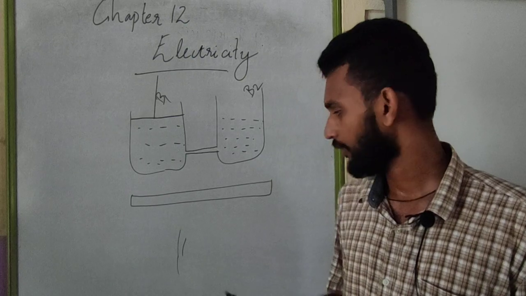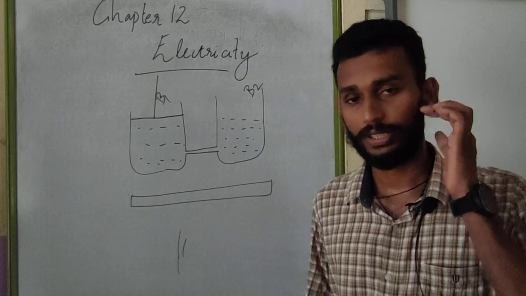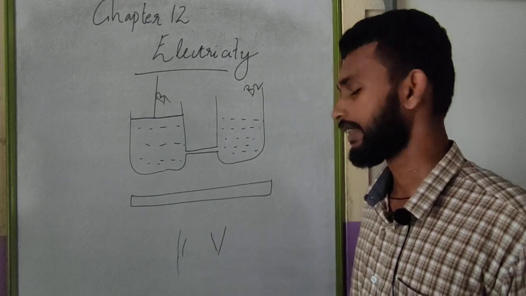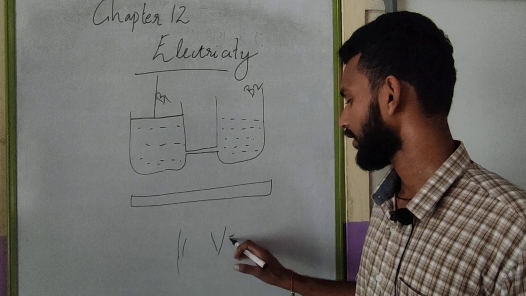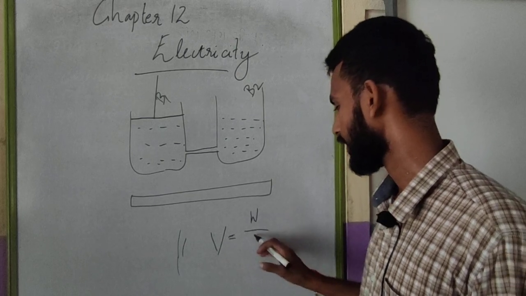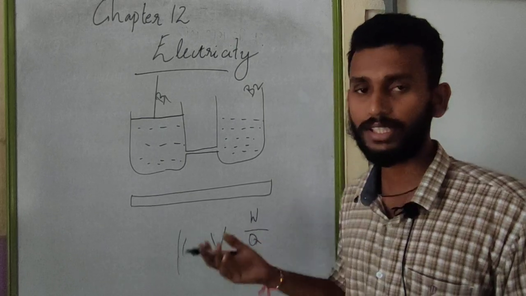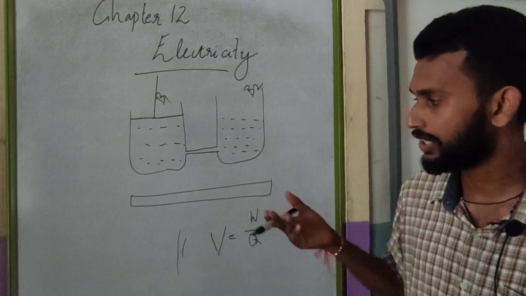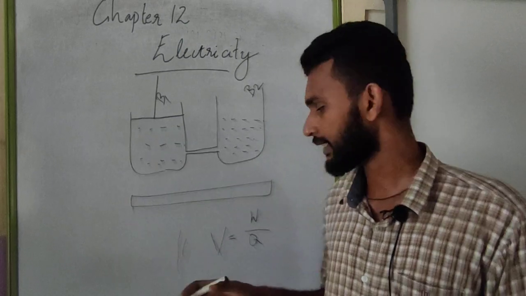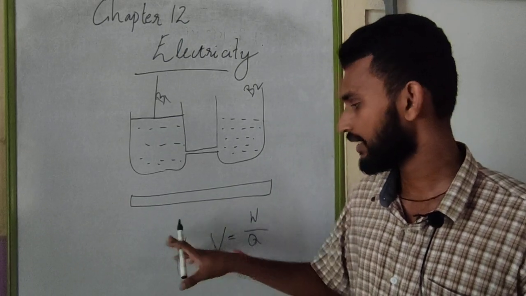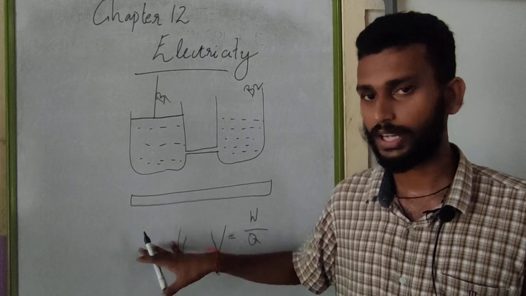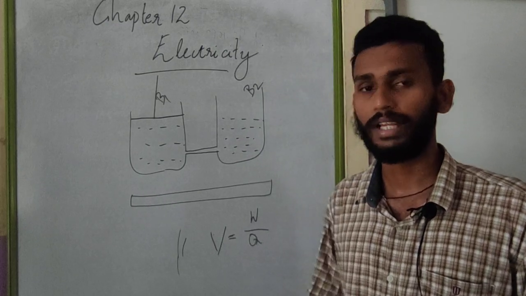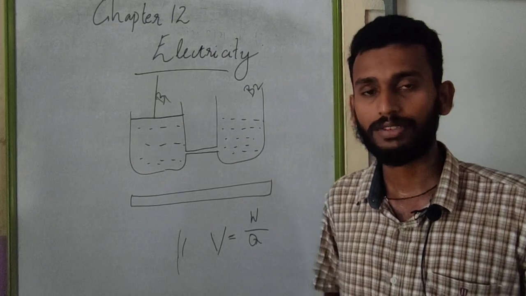For that we use cells or batteries, and the potential is represented as V, which can be obtained by the equation W, work done, divided by the charge. In detail we will discuss that in the next class. Now just understand that it is the external pressure that we apply for the flow of charge through a conductor, and for that we use the devices cells or batteries.